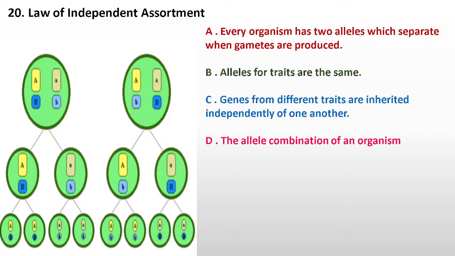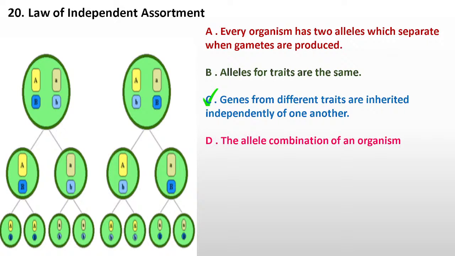So answer me for question number 20. Law of independent assortment. So the correct answer for this question is C. Now here you're likely to be confused between law of segregation and law of independent assortment.